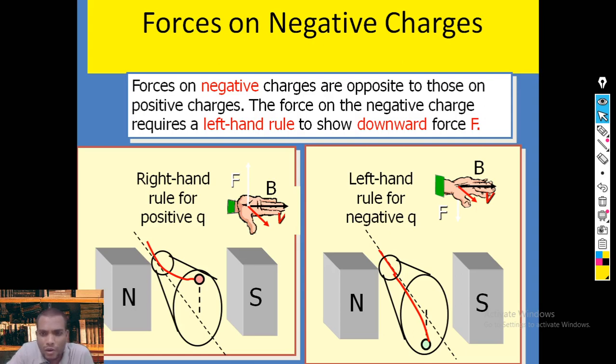It means if an electron is moving in a uniform magnetic field, then the electron also experiences magnetic force, but the direction in that case is exactly opposite to that of the positive charge. So in this case, I suggest using the left hand rule for the electron, also known as Fleming's left hand rule. So left hand rule for negative charge and right hand rule for positive charge.